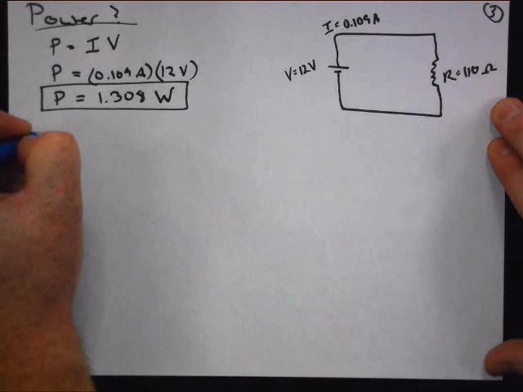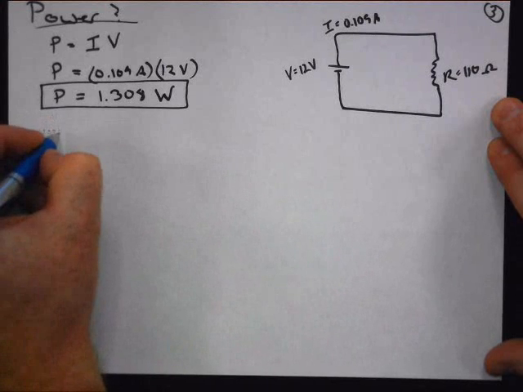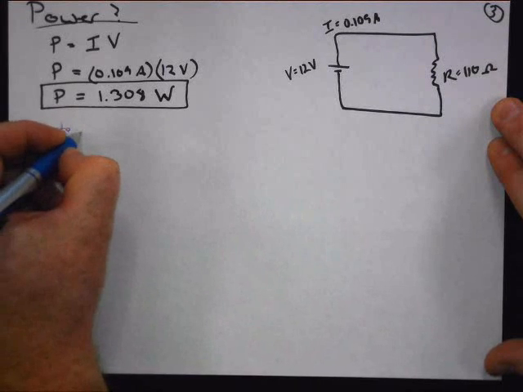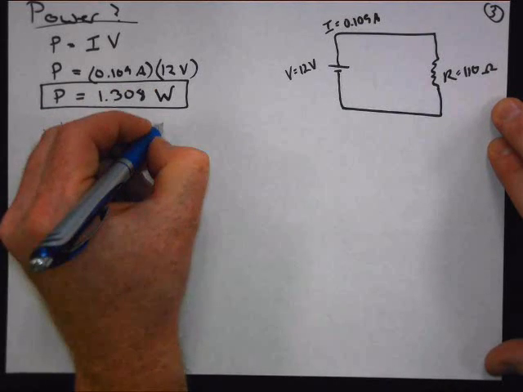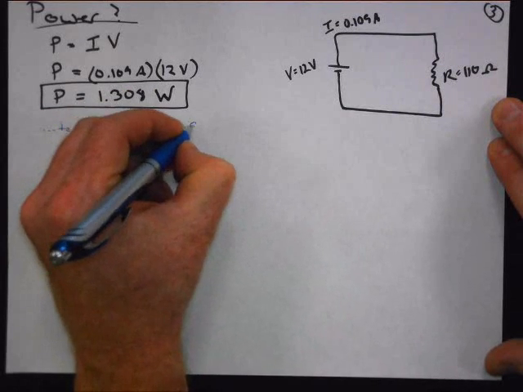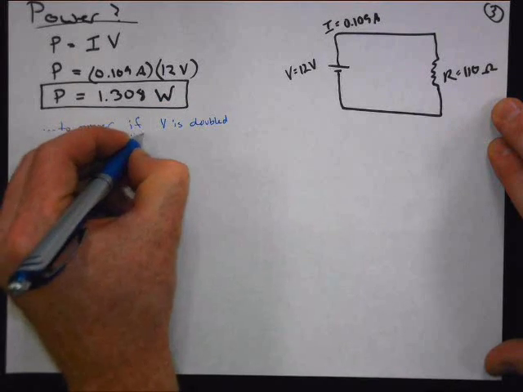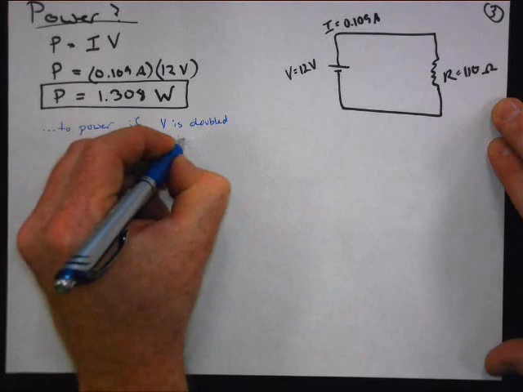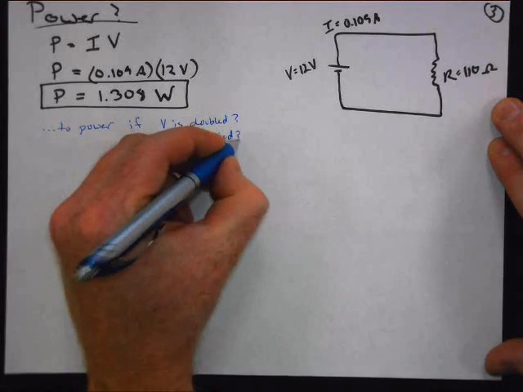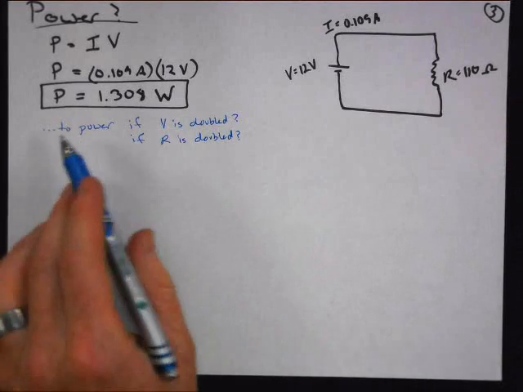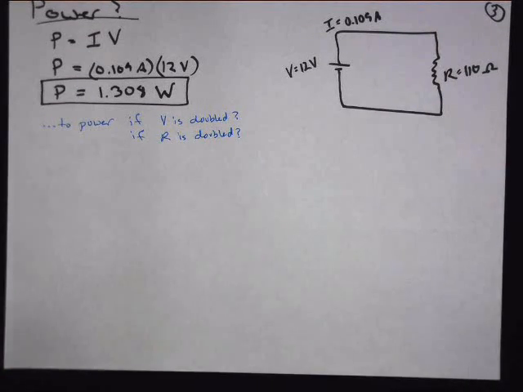What happens to power if voltage is doubled and also if resistance is doubled? We're going to answer two different questions here: what happens to power if voltage is doubled, and what happens to power if resistance is doubled?